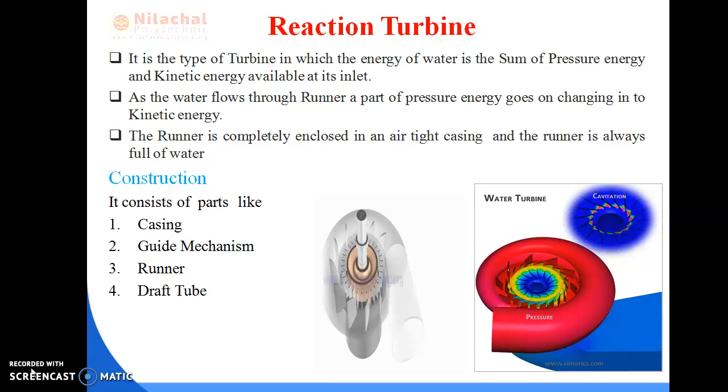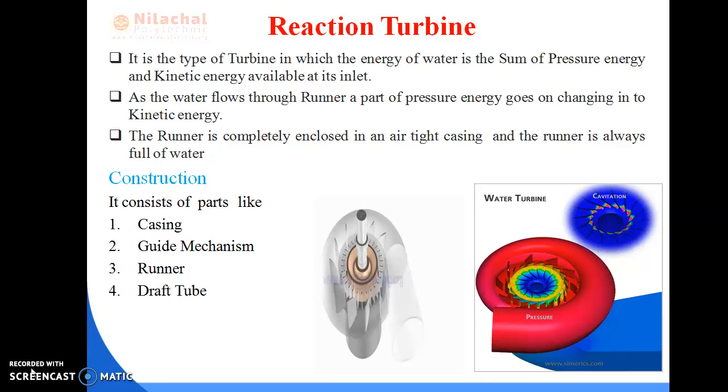The water from the penstock enters into the casing. The energy available at the outlet of the penstock is the sum of pressure energy and kinetic energy.